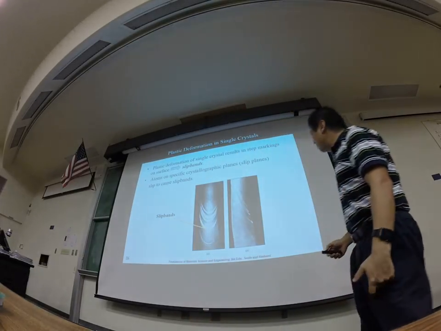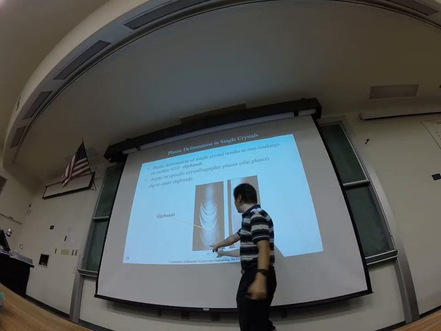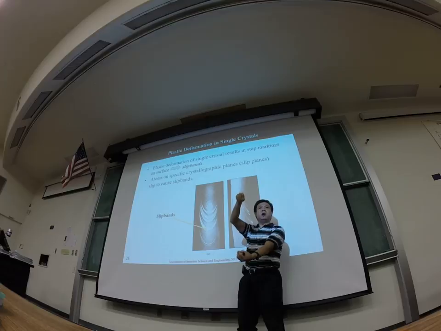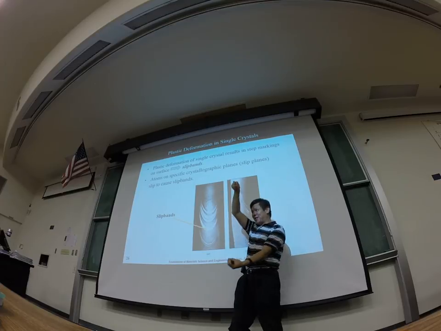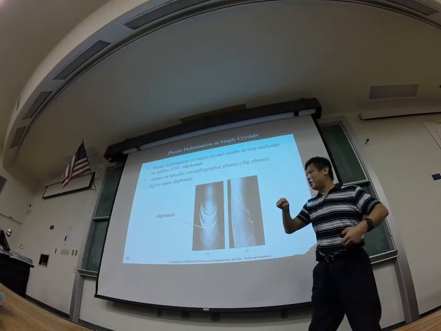So say for example, if you have a rod, this one actually is a thin rod. If you apply a tensile stress, when the tensile stress is beyond the linear stage and goes to the plastic deformation, the process is really complex, as I mentioned.